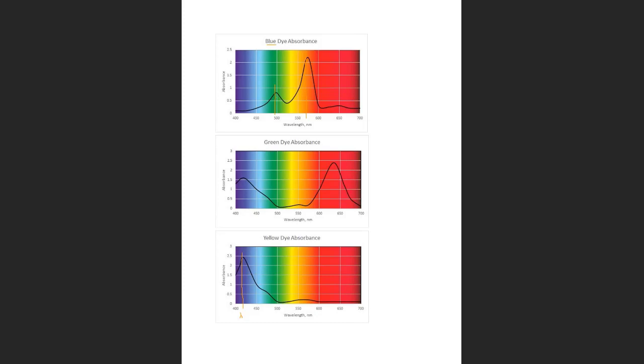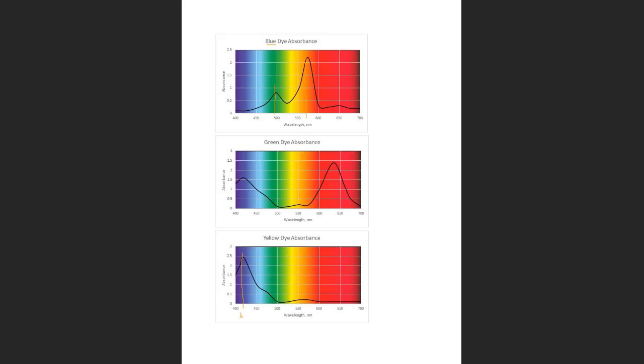So we talked a little bit about it in the introduction. We said that the color of the solution that we see is the point of the spectrum with absorbance 0. So this is the point in the spectrum that is reflected by the solution.